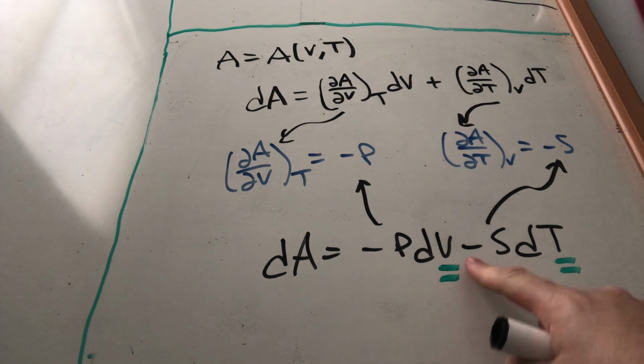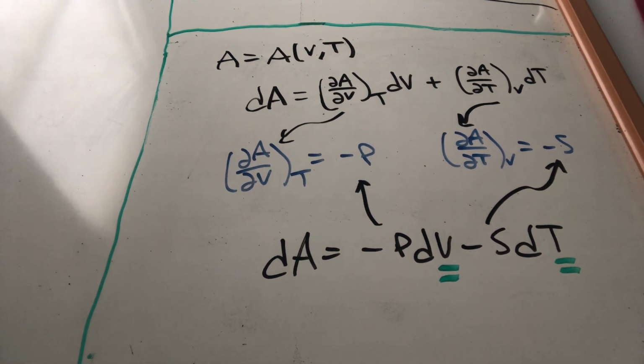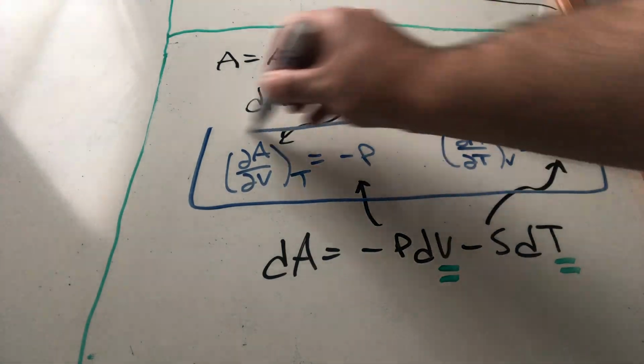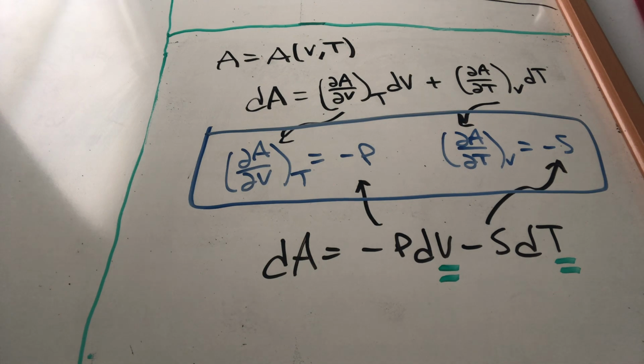So the natural variables of A are V and T, and what we have in the middle are the natural variable relationships.